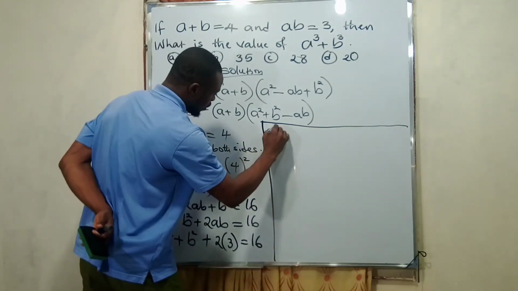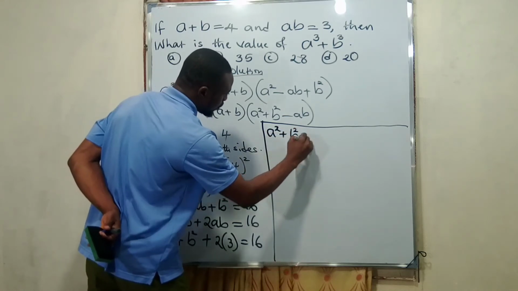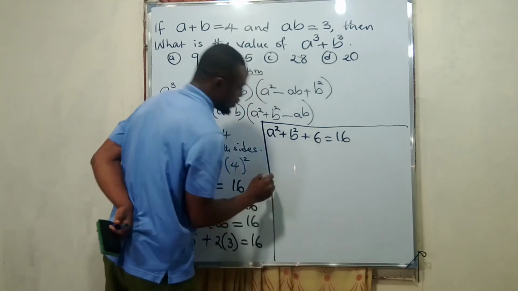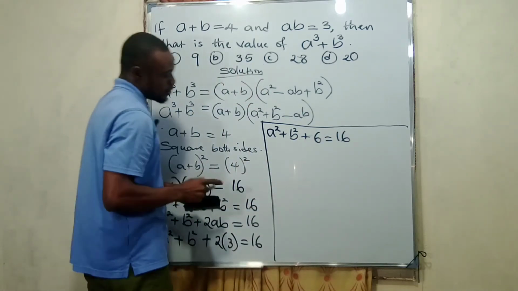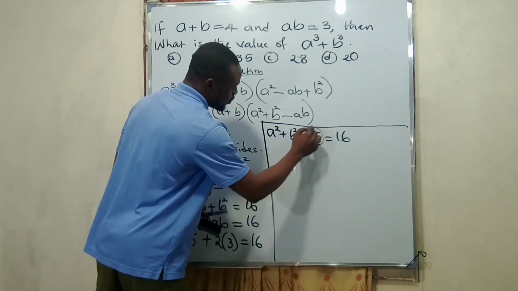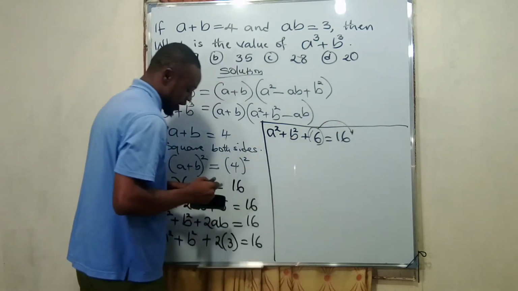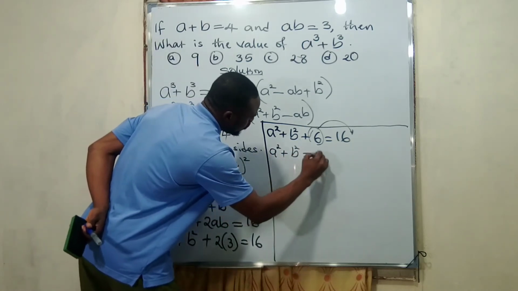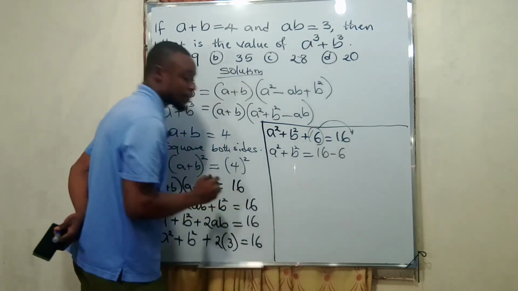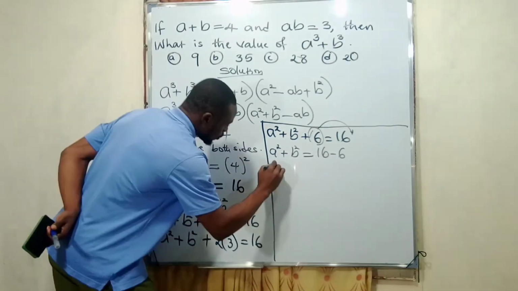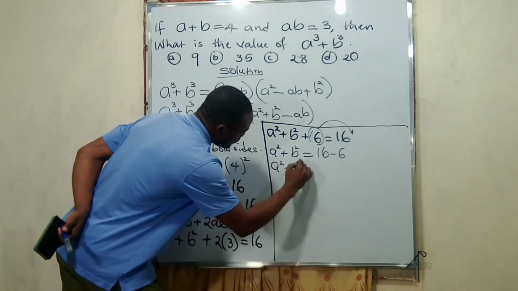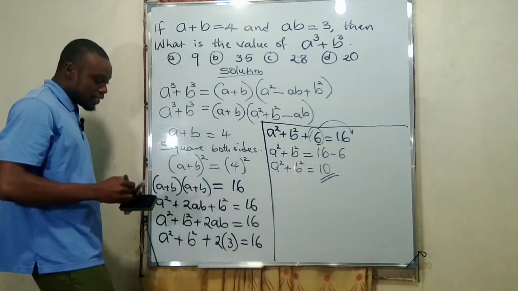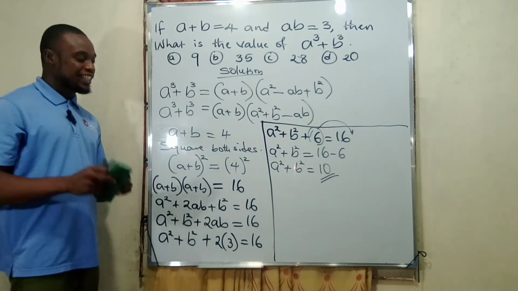So we have a squared plus b squared plus 6 is equal to 16. If we take 6 to the other side, it crosses the equality sign and becomes a minus. So we now have a squared plus b squared equal to 16 minus 6. And 16 minus 6 is 10. Good. So finally we've established that a squared plus b squared is 10.